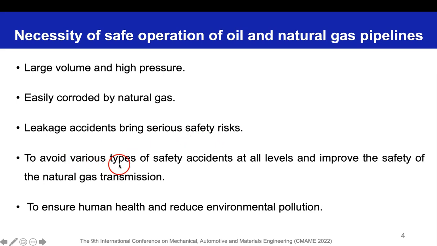To avoid various types of safety accidents and improve the safety of natural gas transmission, it is important to study the safety aspects of these pipelines. And last but not least, to ensure human health and reduce environmental pollution, the safe operation of oil and natural gas pipeline transportation is very important.